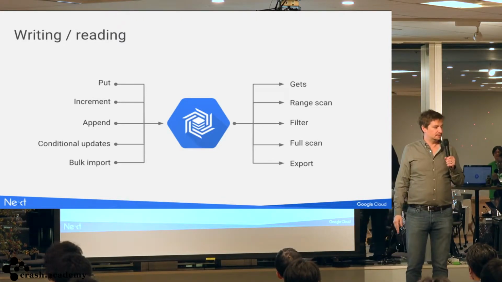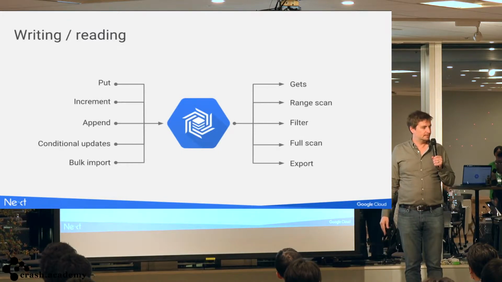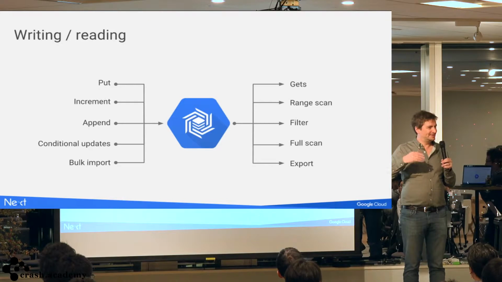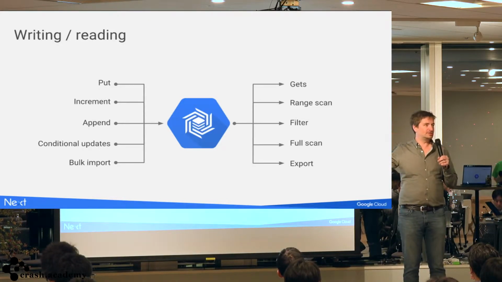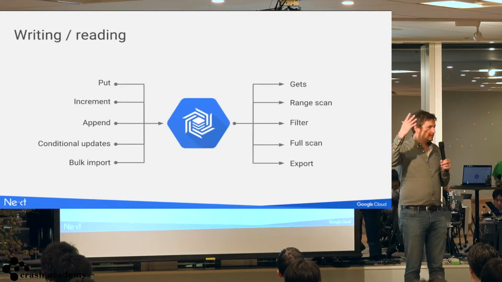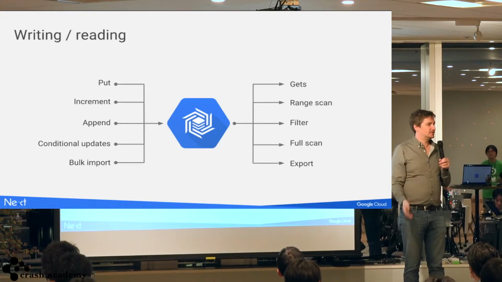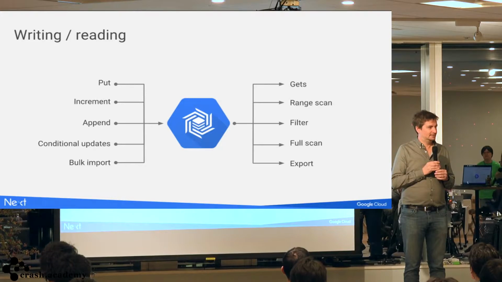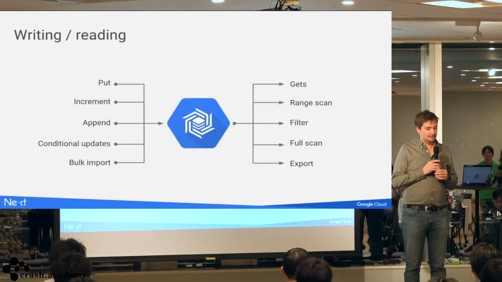Other operations that we support include increment, or adding two numbers together. You could say, take the value in this row and add 5 to it, like a counter.